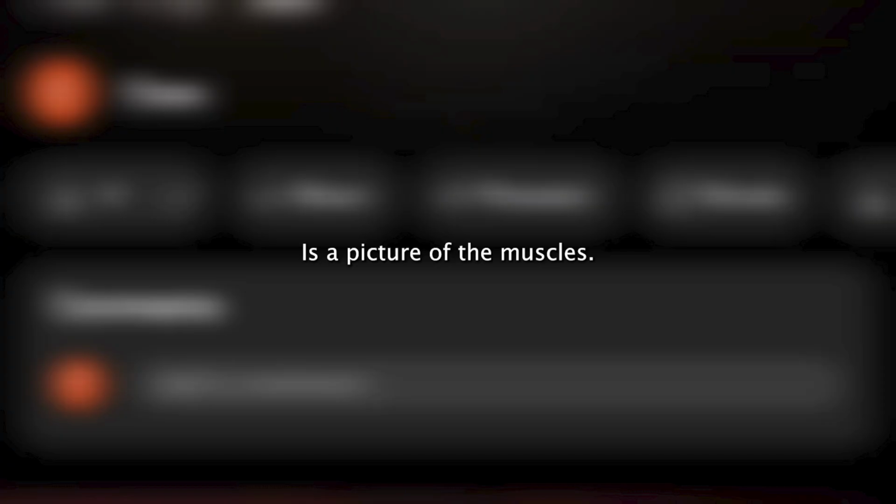Here's a picture of the abdominal muscles. You can see the tendinous inscriptions. You can see the linea alba. All right.